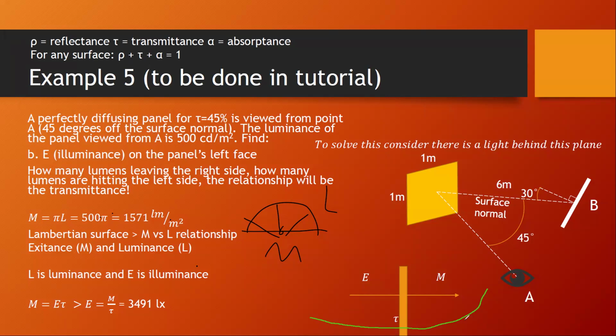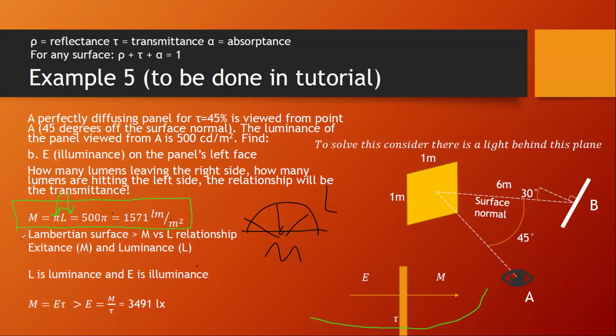It's not in the question, right? You're just assuming that. Once you assume that, the rest of it is very easy. The M, you have the pi, you have the L. Multiply them, you will get the final answer.